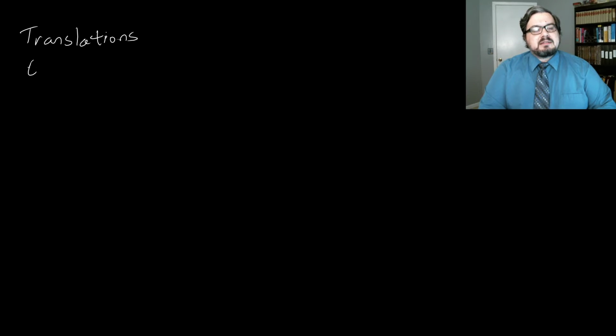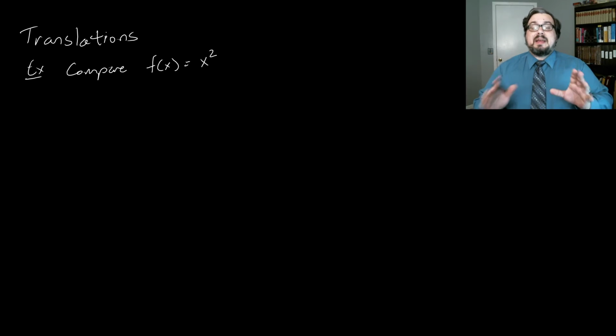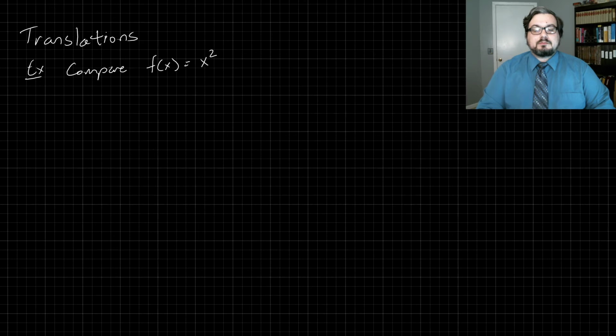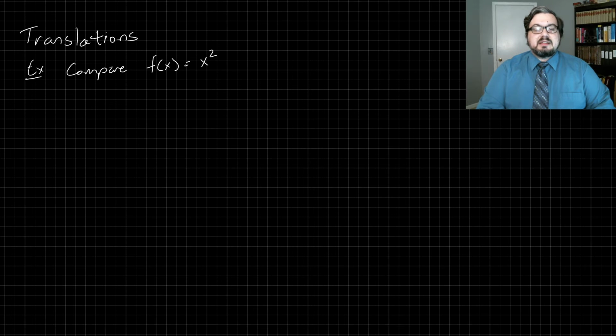So let's compare the functions f of x equals x squared. So this is our basic function. We're going to look at this function a lot and see how it gets transformed.